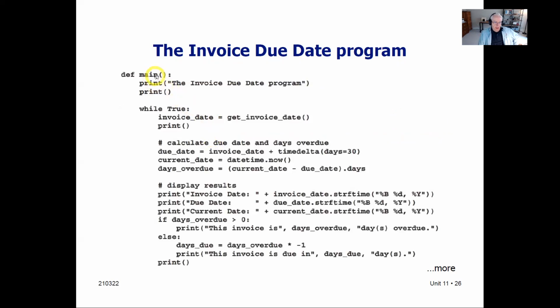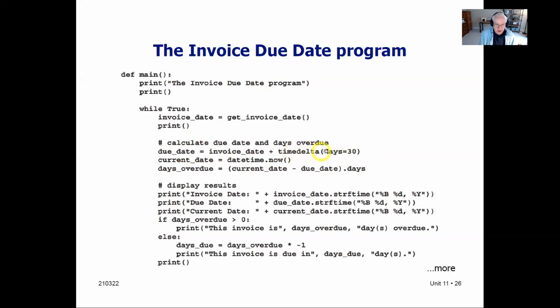Then we get on to the main function here, heading, then our while loop. And so we'll run the get invoice date function we just created to get the invoice date. And now we can do our math using the methods that we just learned. So the due date is going to be the invoice date plus a timedelta of 30 days.